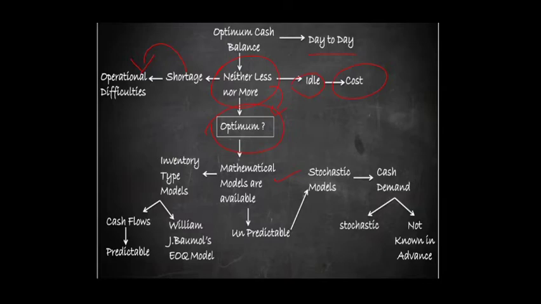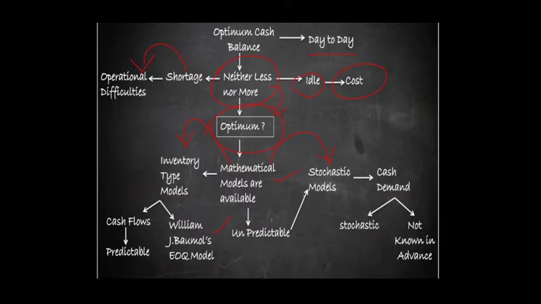These mathematical models can be divided into two types: inventory type model and stochastic model. In the inventory type model we have William J. Baumol's economic order quantity or EOQ model.